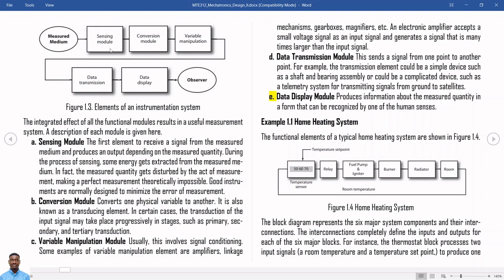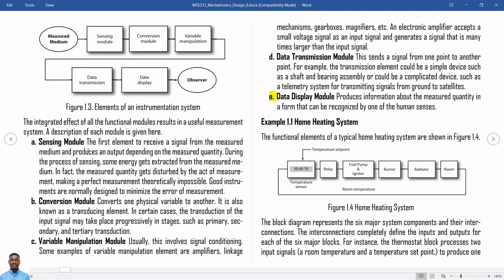After whatever is to be sensed has been sensed, you have your conversion module, which converts whatever is being sensed, and then your variable manipulation module. That goes to your data transmission, then your data display, then the human observer sees what has been measured. So what does the sensor module do?